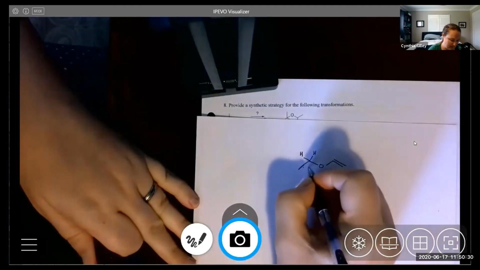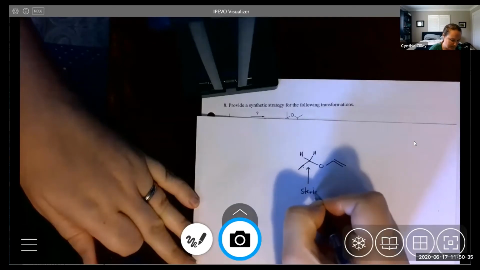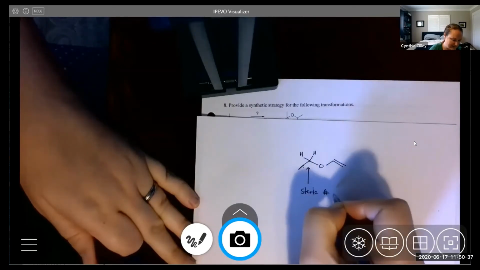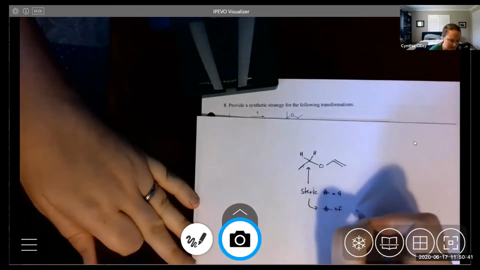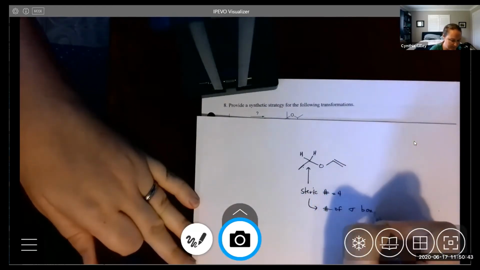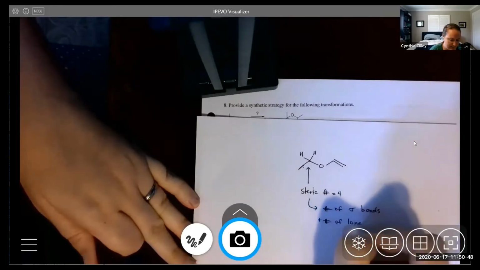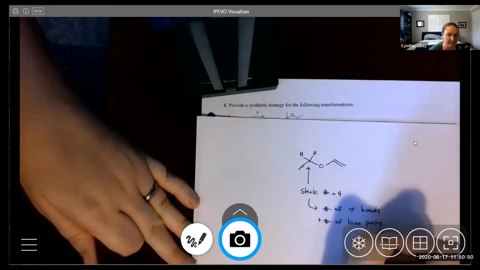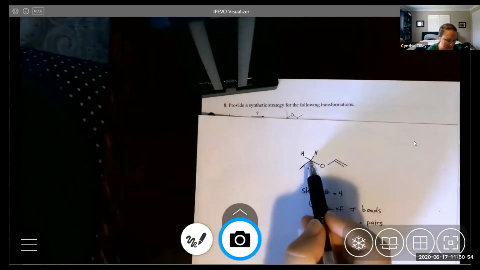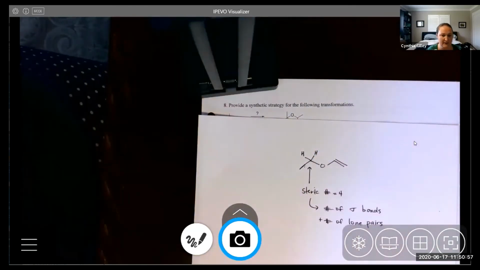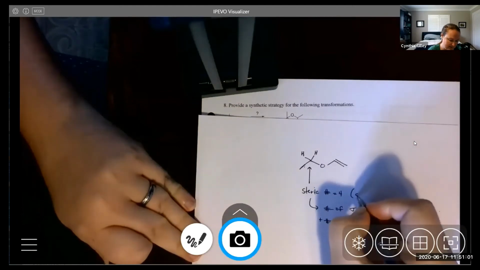So we would call this having a steric number of 4. I don't know if you've heard that term before. Basically, the steric number is the number of sigma bonds plus the number of lone pairs. There are no lone pairs on that carbon, but it would be included in the steric number. So because this carbon is making 4 different sigma bonds, it has a steric number of 4. Anything with a steric number of 4 is sp3.